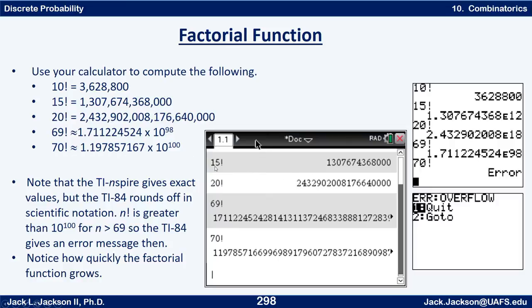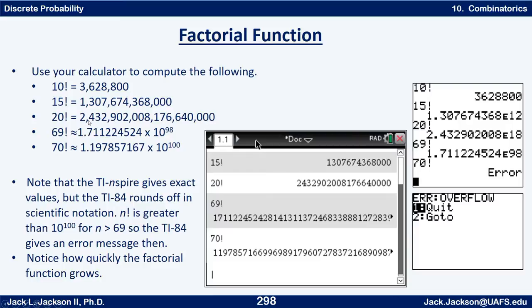If you do it on the Inspire, at least the Inspire CAS, and I think the Inspire non-CAS does this as well, you're going to get all the digits worked out in regular notation here. 20 factorial works out exactly, and of course this approximates it here. This one actually is rounded off in the 20 factorial. It's about 2.432902008 times 10 to the 18th.